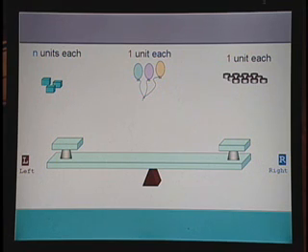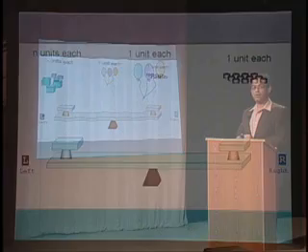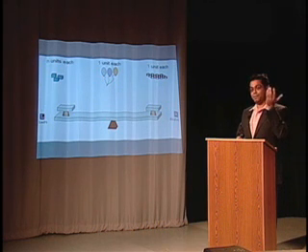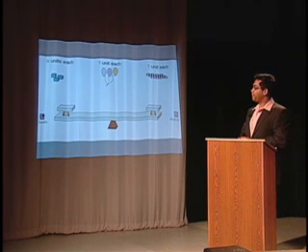Now we are trying to add different objects, and this time we are taking balloons, the balloons which float in the air, and assume each balloon has a force of 1 unit to move an object up. So you remember that thing?